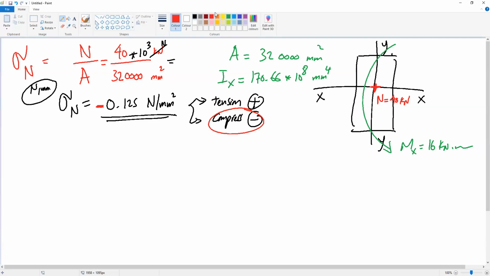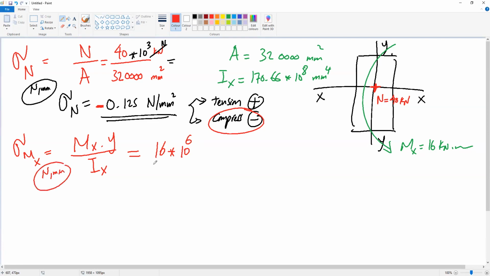Now time for sigma mx. Sigma due to Mx will be Mx times y divided by Ix. Mx equals 16 times 10 to the power 6 to make it Newton and millimeter, divided by I equal to 170.66 times 10 to the power 6.